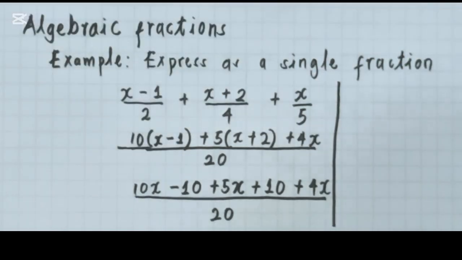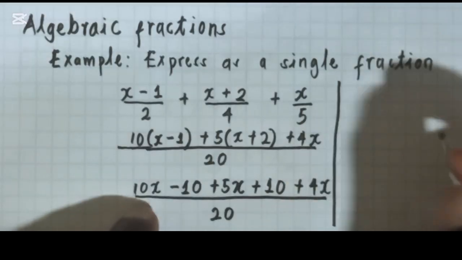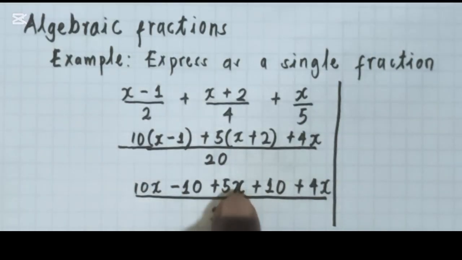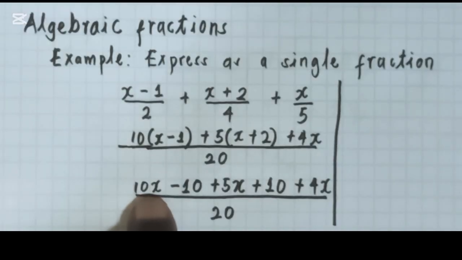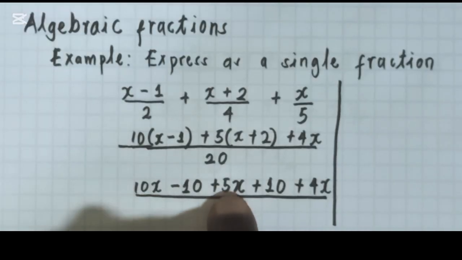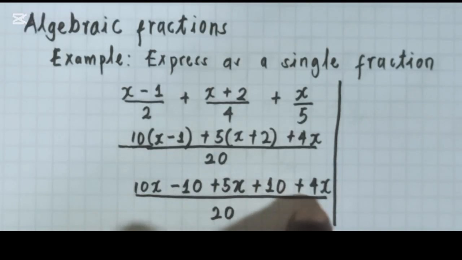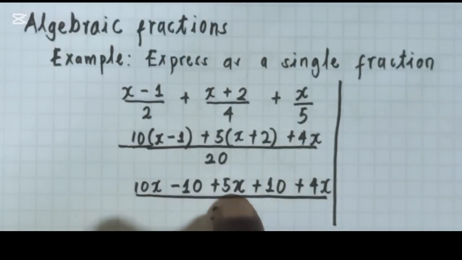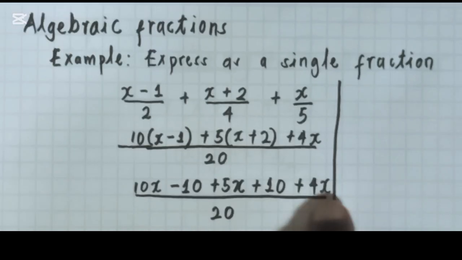So for our next step, we'll basically have 10x plus 5x, they are like terms, plus 4x. Those are like terms, 10x plus 5x plus 4x.